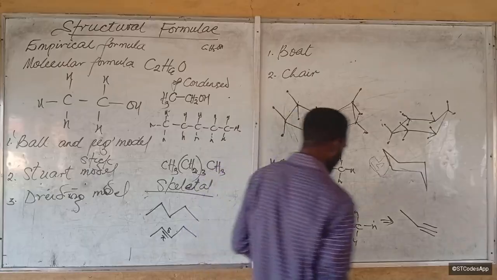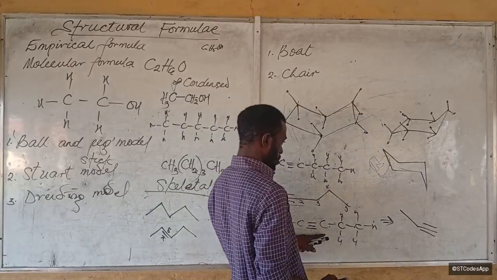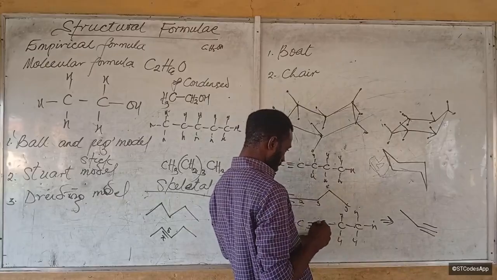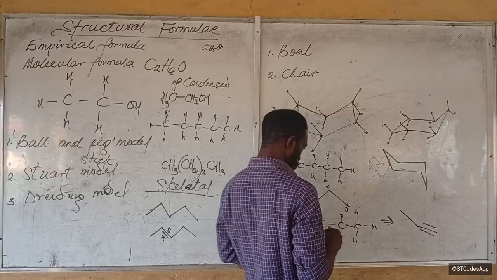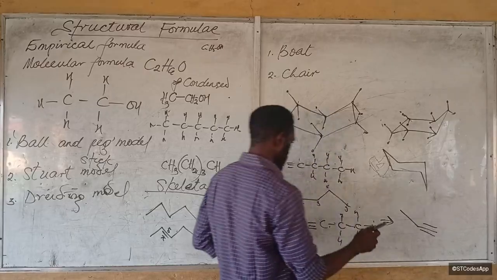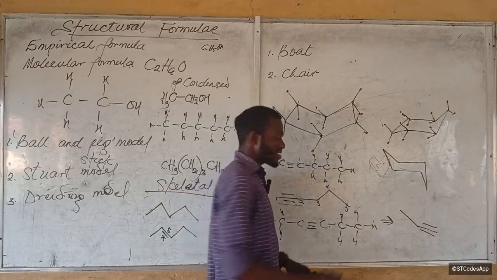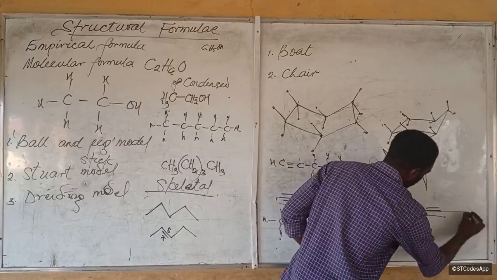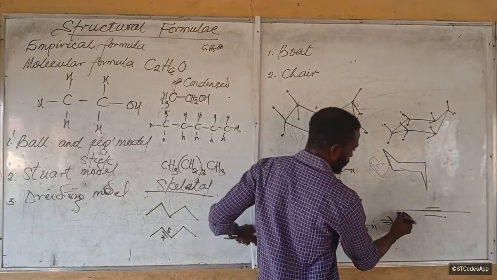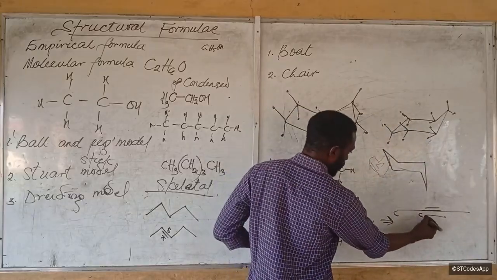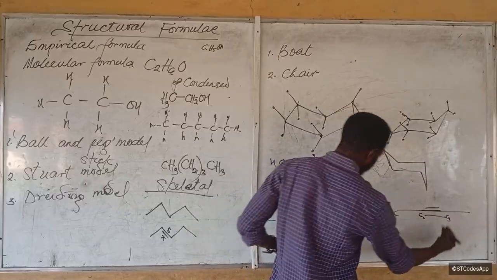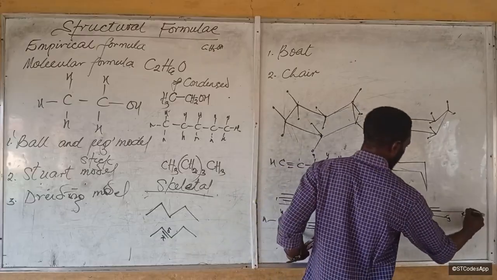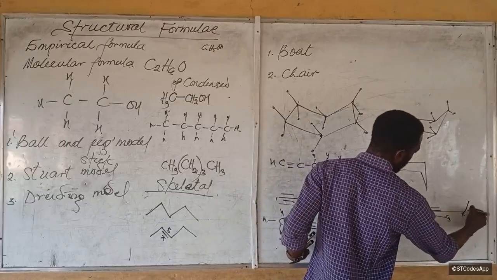Okay? Then between this, this is my third carbon. In fact, this is where you're supposed to draw it. 1, 2, 3. So that is going to be first carbon, second carbon, third carbon, fourth carbon, fifth carbon.